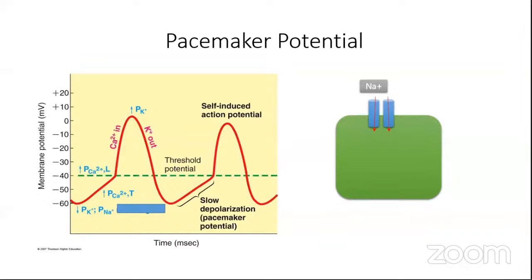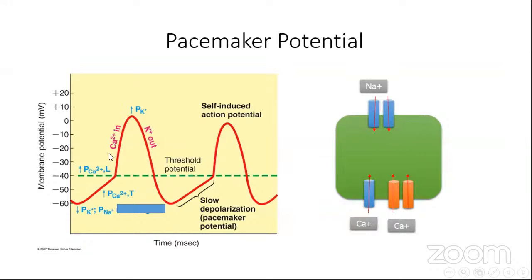At this point, T-type calcium channels open up and a little bit of calcium starts to get into the cell. These channels will bring the membrane potential to the threshold. Once it hits -40, another type of calcium channel called L-type will open up very quickly and the curve rises up, so a lot of calcium starts to get into the cell. Now it's super positive inside the cell.